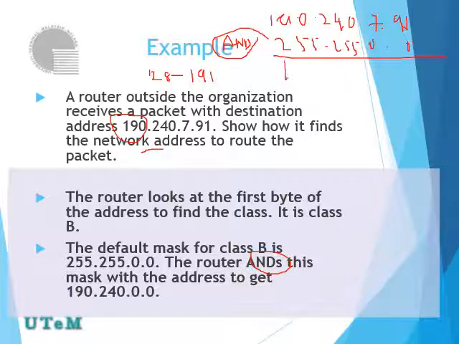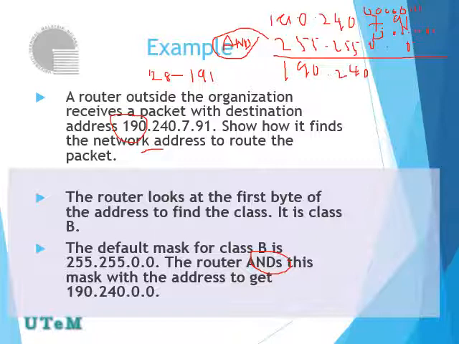So the answer is 190. 214 ANDed with 255, all ones, stays 214. And 7 is 0 0 0 0 0 1 1 1, which you AND with all zeros.